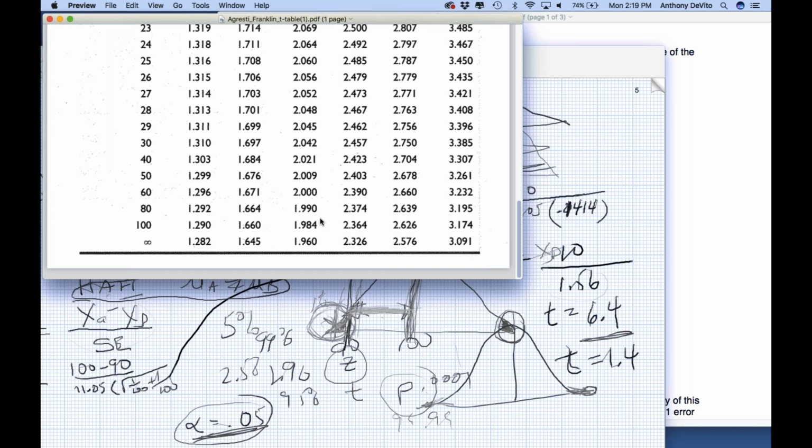The value it needs to exceed is the critical value of t for that sample size, which was 1.98, right? Did it exceed it if it was 1.4? No, it didn't. So they're not far enough apart for us to say that they're different. So we fail to reject the null hypothesis. That doesn't mean that we accept the null hypothesis. We just fail to reject it. Okay, that's all we do.